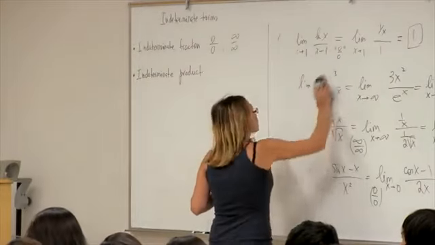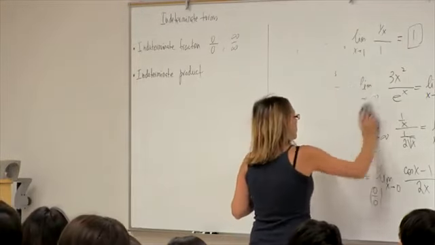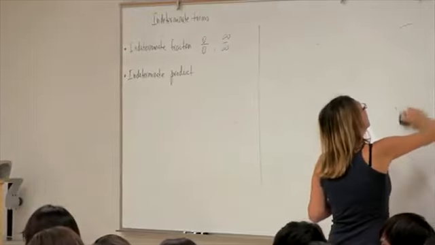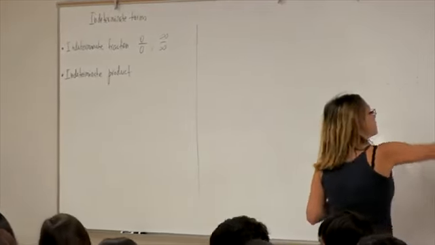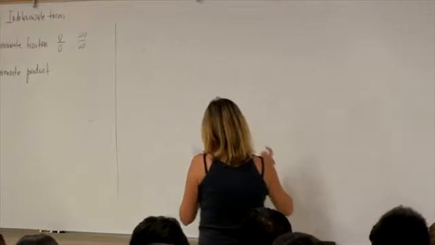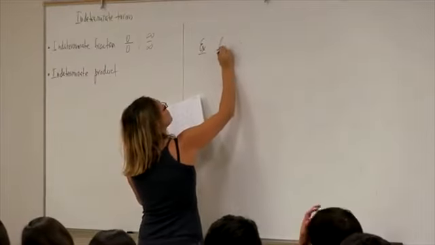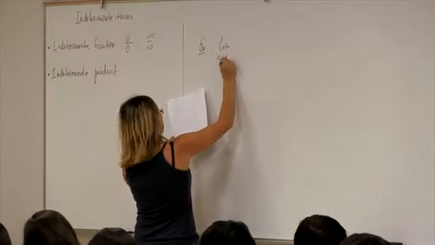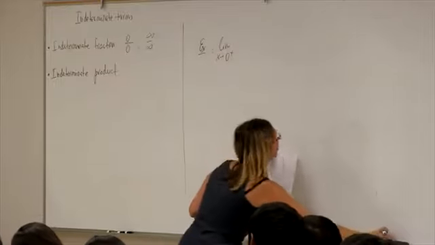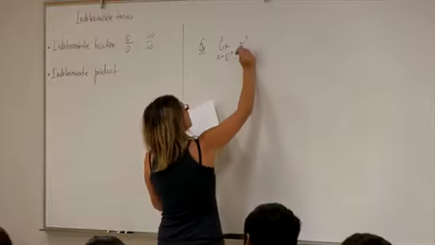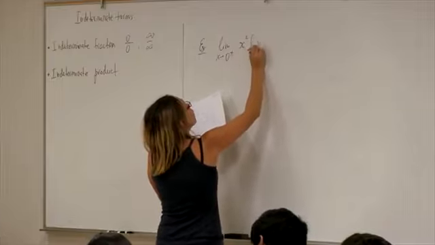So as an example, let me show you the following. The limit as x goes to 0 plus of x squared log x.